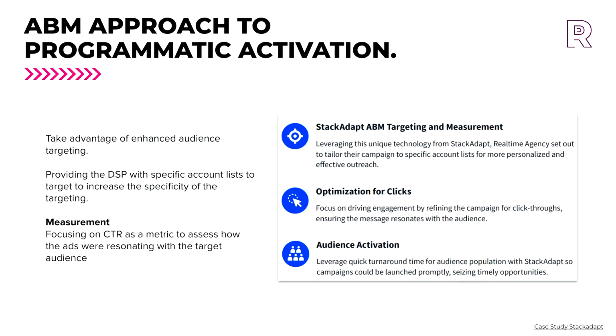It made it massively engaging, really interesting, and they had a huge amount of buzz off the back of that. And measuring brand buzz was one of the main ways they used to evaluate the performance of this campaign. This is an example from StackAdapt of using account-based marketing.